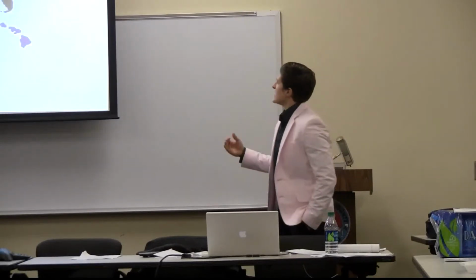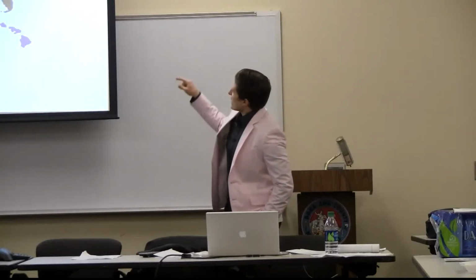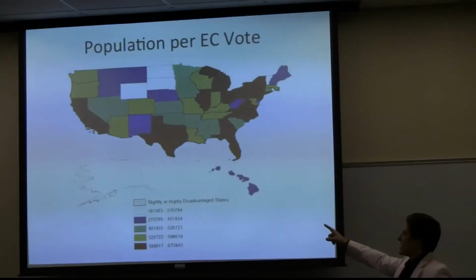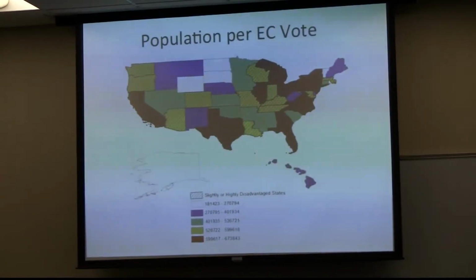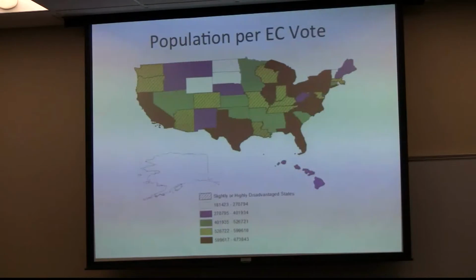And then you can see, this is a map, with hatch marks. The darker states are all hatched out. The largest population states all have a disadvantage. The hatch marks indicate that you're a slightly disadvantaged state or a highly disadvantaged state, and basically this has to do with population. So all of our population centers are disadvantaged under the current system.